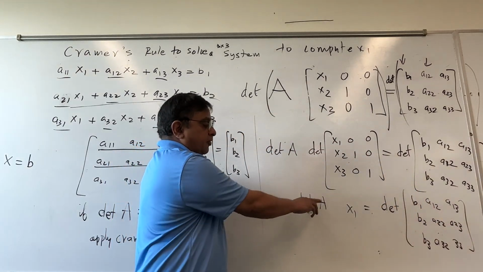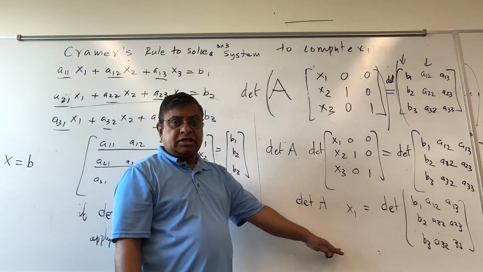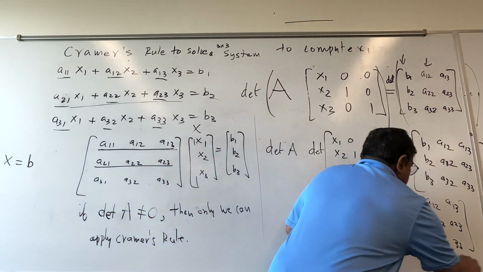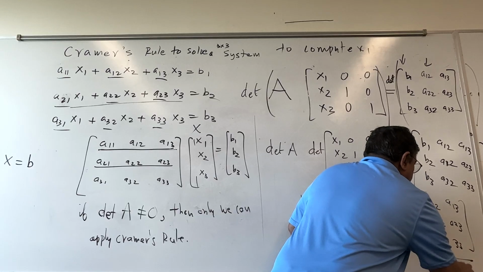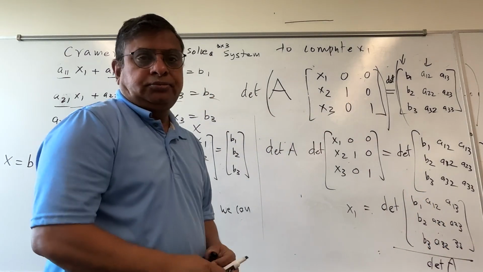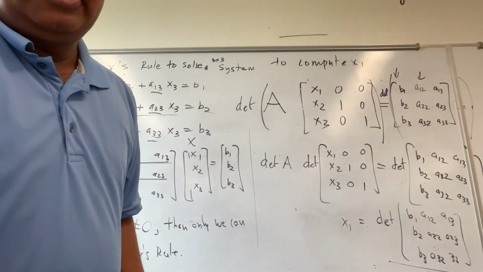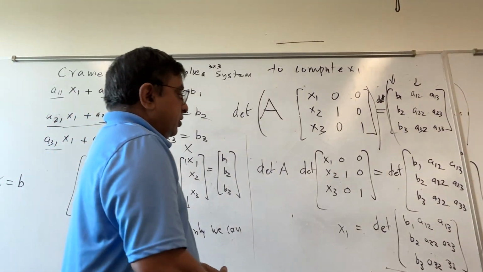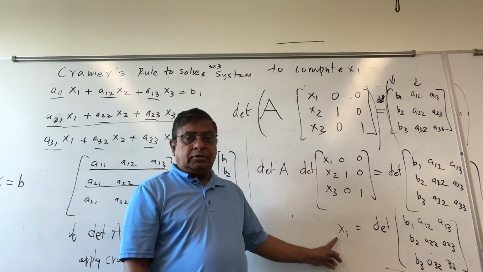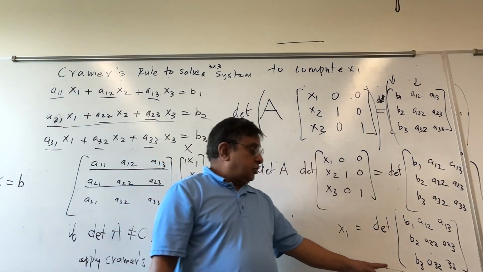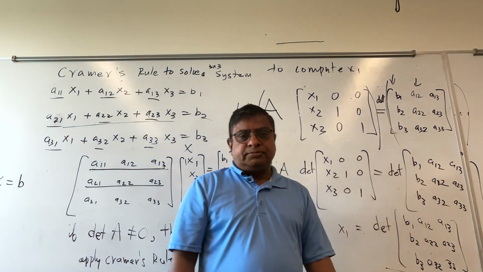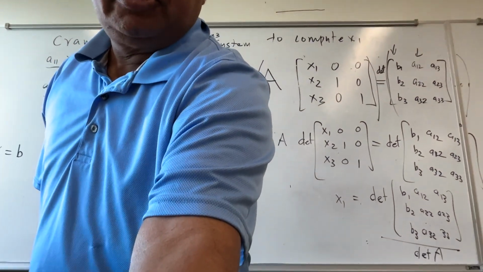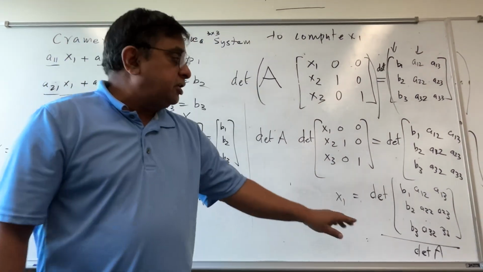So if you want to solve for x1, you simply move the determinant to the other side. That means x1 is this divided by det A. Okay, let's look at that for a minute. So to compute the first variable, you have the determinant of A in the bottom.